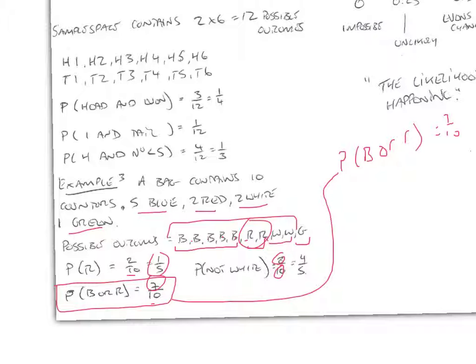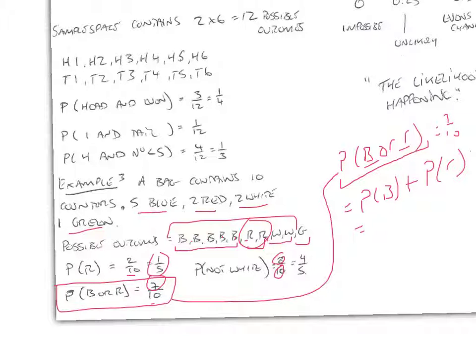But we can also use a formula known as the OR rule, or the addition rule, which we'll meet later on. Don't worry about it too much now, but it's nice to see how it works. The OR rule says that the probability of a blue or a red is equal to the probability of a blue plus the probability of a red.